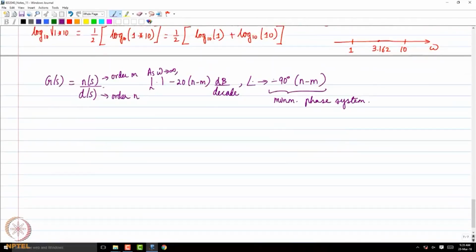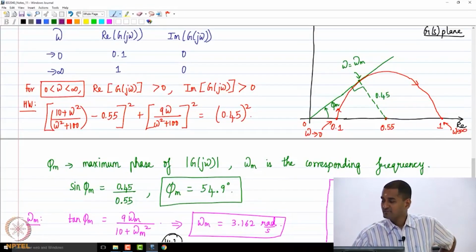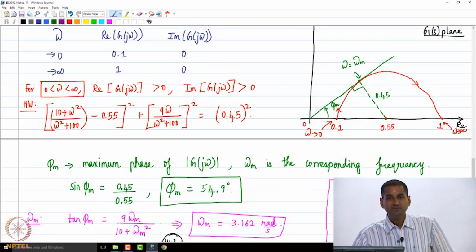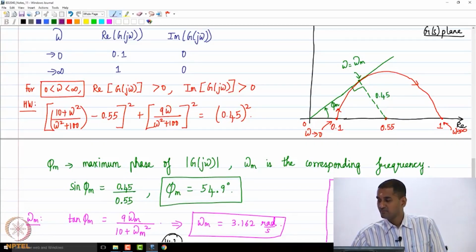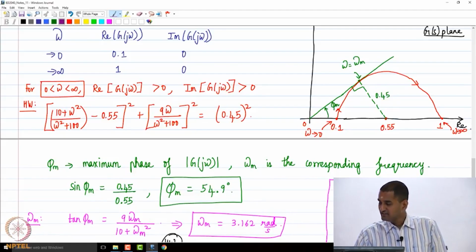And can you observe it from the Nyquist plot? You can. Where is the transfer function as omega tends to infinity? It is at 1, right.